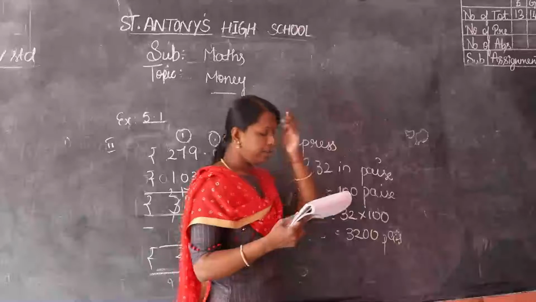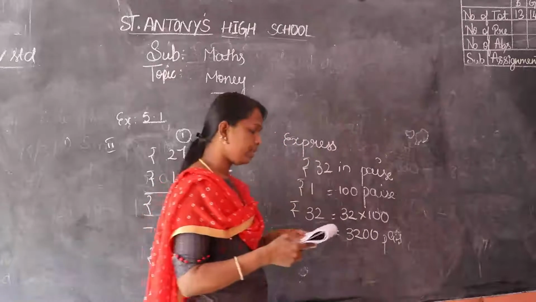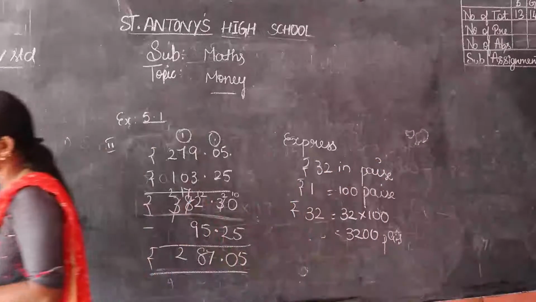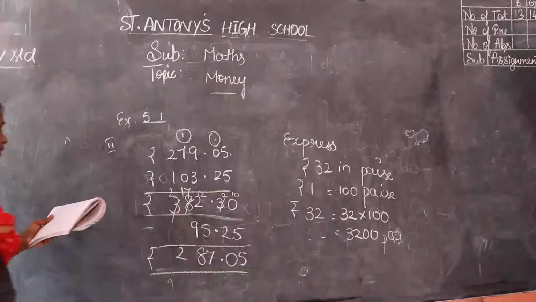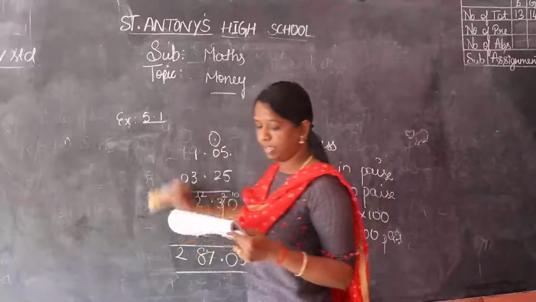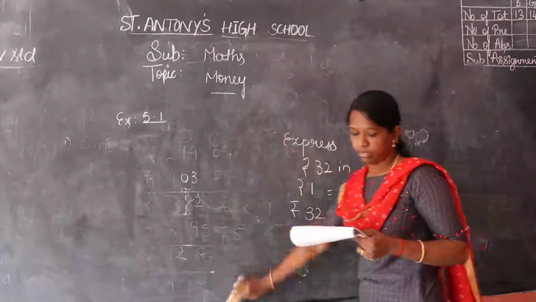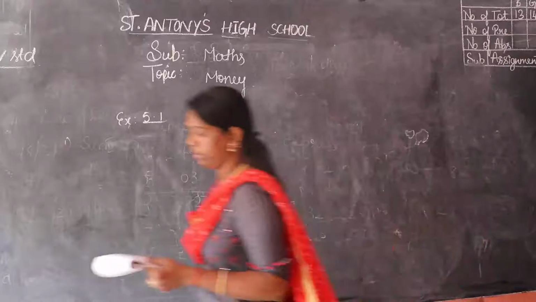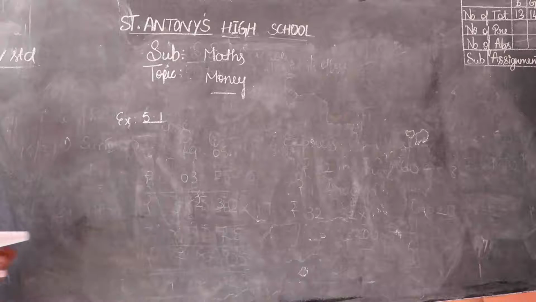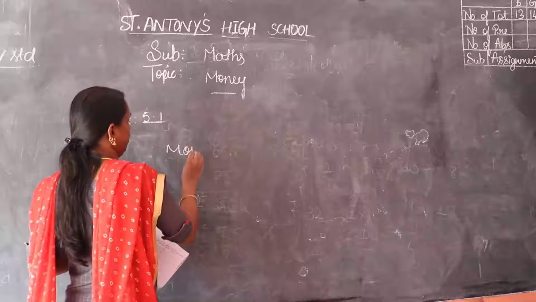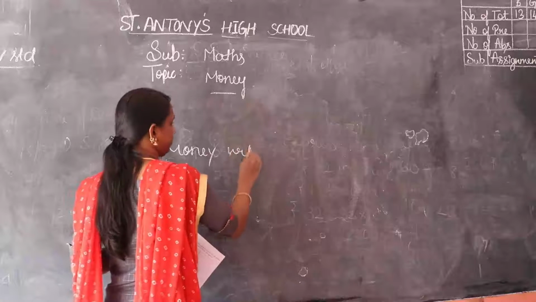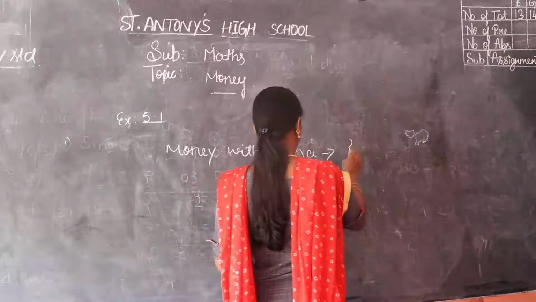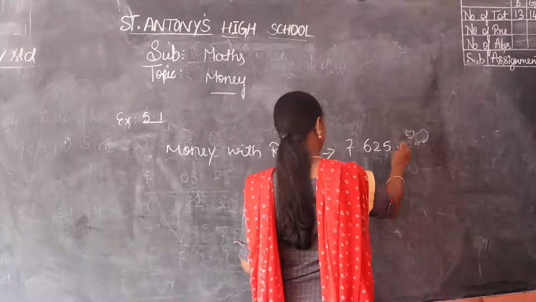Here is a statement. Read the question. I had rupees 625 with me. My father gave some amount, that is 450.75 paisa, for pocket money. What is the total amount with me? For example, money with Reena: rupees 625.